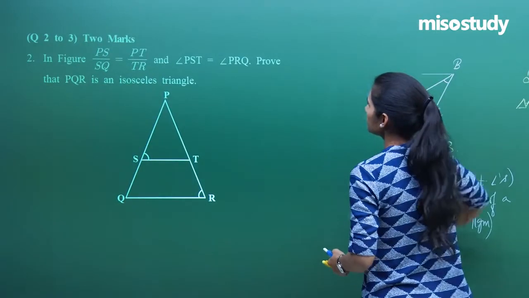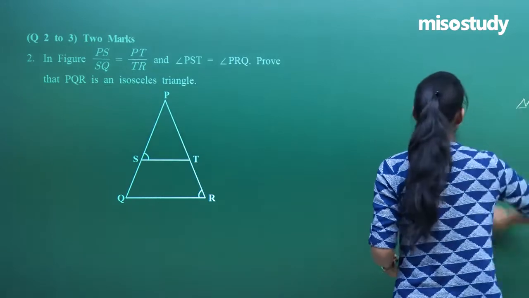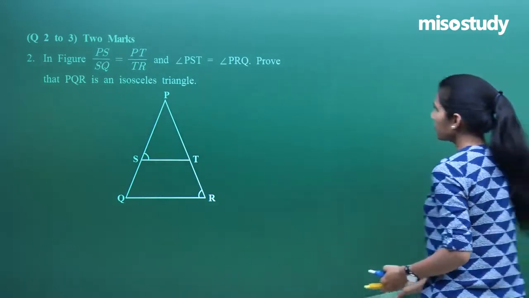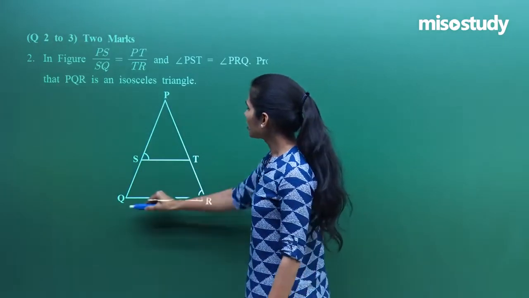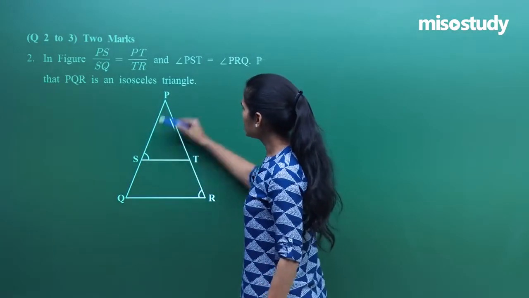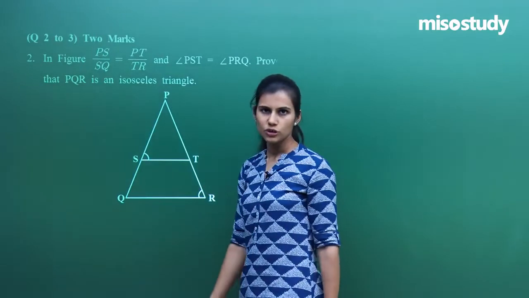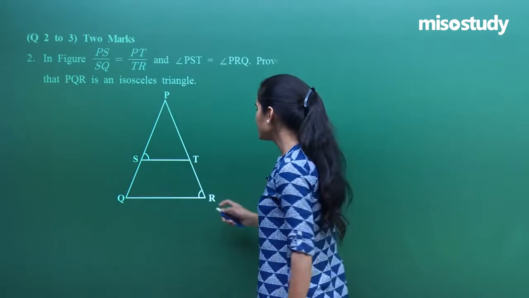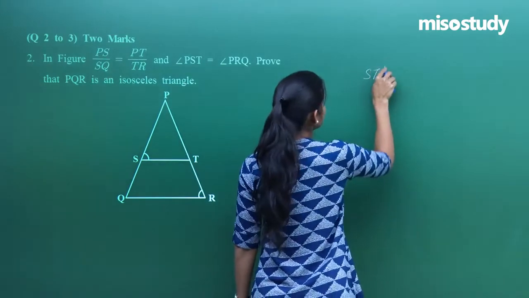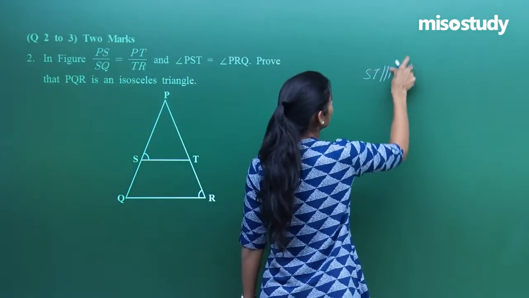It says that PS upon SQ is equal to PT upon TR. Now please try to remember your basic proportionality theorem or the Thales theorem. You have a triangle, PS upon SQ is equal to PT upon TR. So by converse of the basic proportionality theorem, I will have ST parallel to QR.